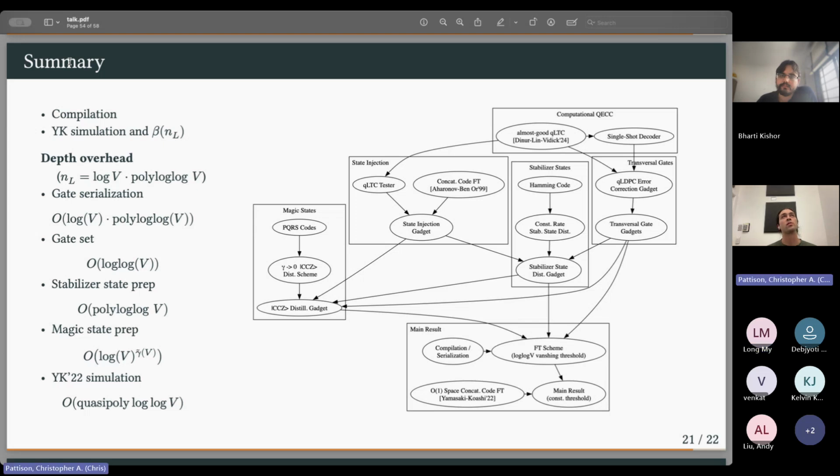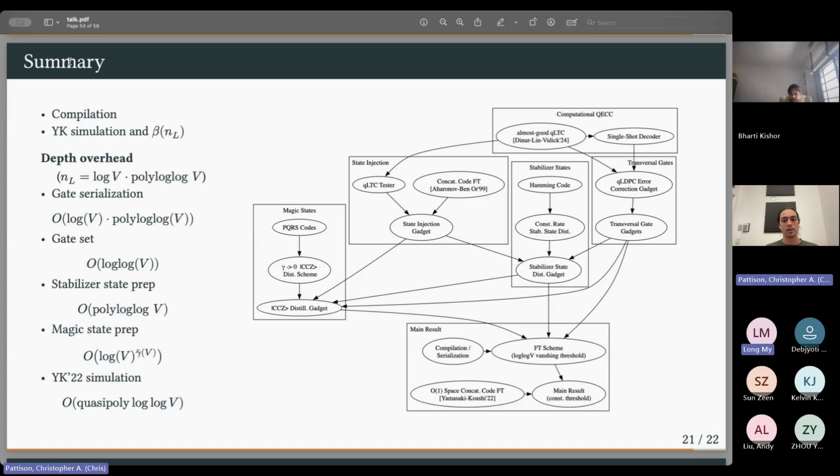In the final threshold theorem, we want a threshold value that's independent of the circuit size. For convenience, our decoder only corrects against adversarial errors. So we need the weight of the error to be less than 1 over polylog of the block size, and the block size is itself logarithmic in the number of gates.